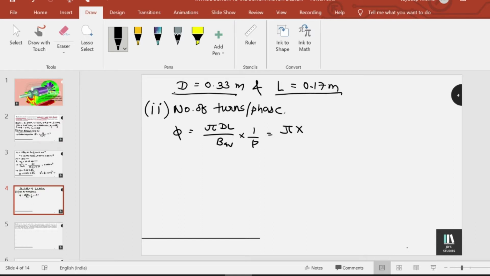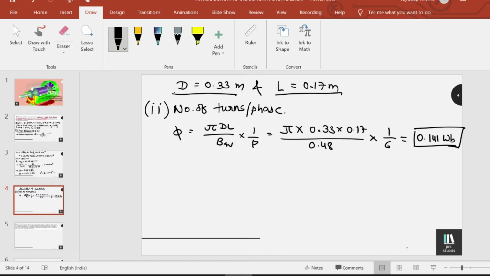Put the value pi, the value of D 0.33, L 0.17 divided by B average. We have considered B average as 0.48 Tesla. Then number of poles is 6. So we get the value of phi, which is 0.141 Weber.